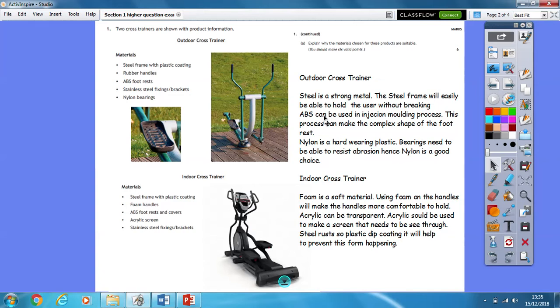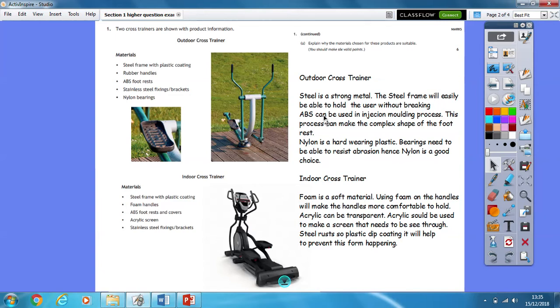So in the classroom, for example, when we looked at ABS, you had the helmet that was made from ABS and you had the remote control. And then from that, we identified what properties ABS is likely to have. It has a good finish. It's going to have good impact resistance.